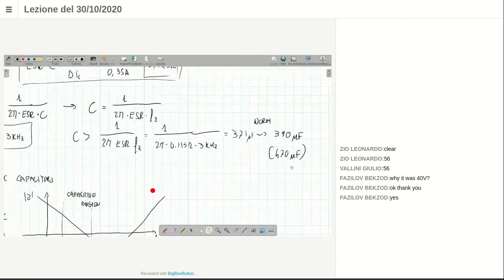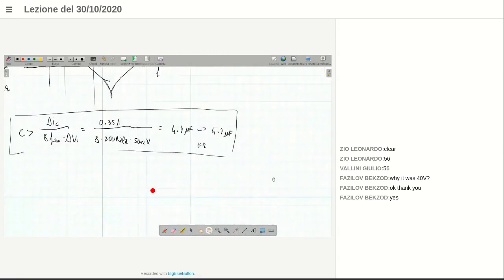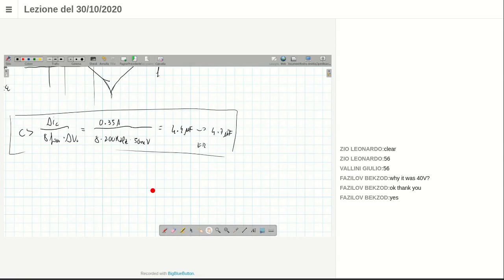In one case, we need 470 microfarads. In this case, we need a 100 times smaller capacitor, 4.7 microfarad. The point is that we do not have any specification on the capacitance, especially for the electrolytic capacitor, but rather for the ESR.